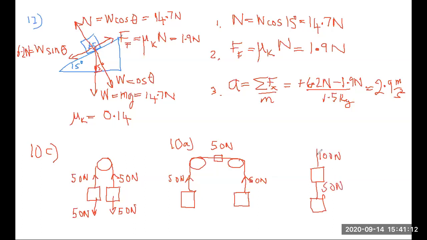So this string has twice the tension as this string because it's supporting both masses rather than one. But this string here is really just supporting one mass on either side, just like this picture. Think of the string as transmitting the tension from one side to the other side. And that transmitted tension is still 50 newtons.